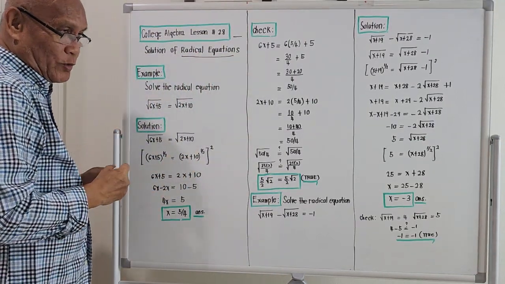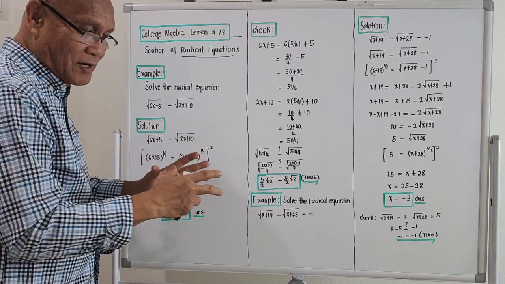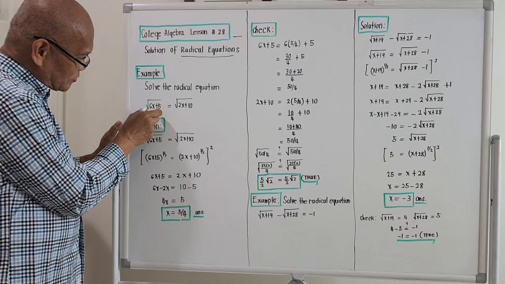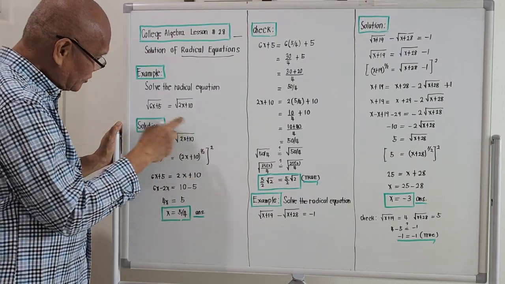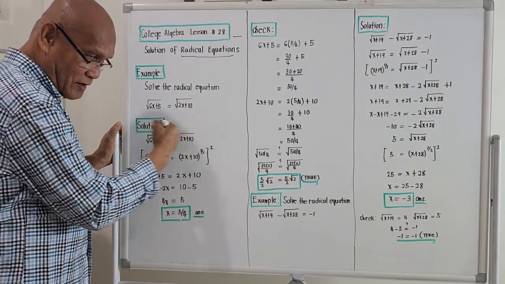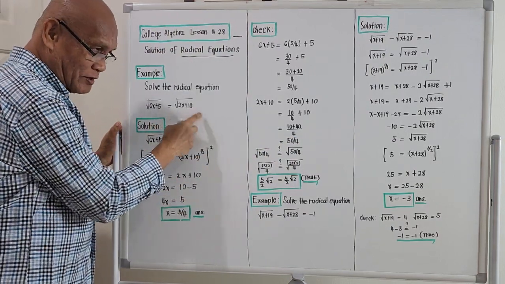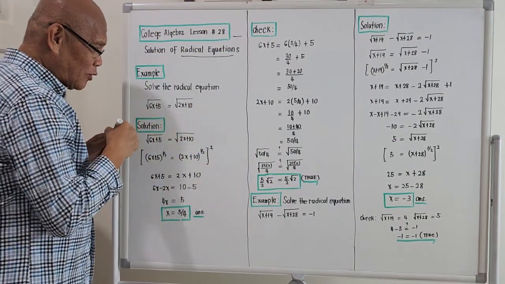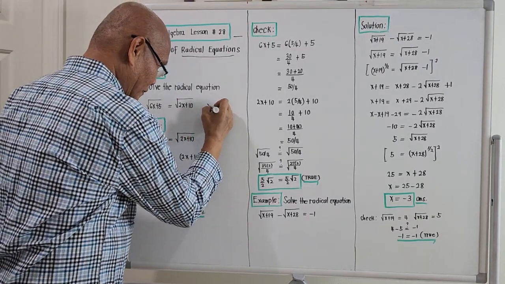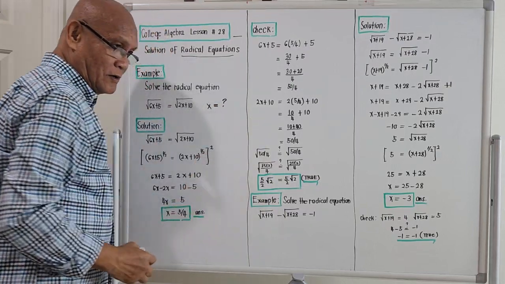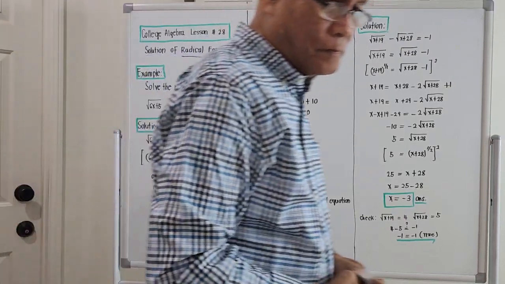The first radicand is the linear expression 6x plus 5, and on the right hand side the radicand is 2x plus 10. The problem is asking what the value of x will be.